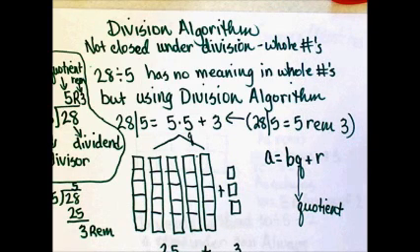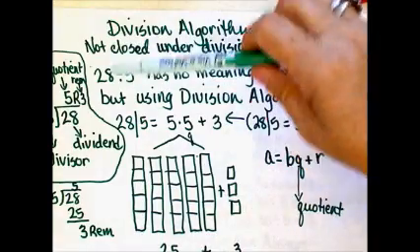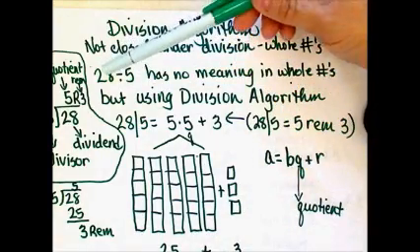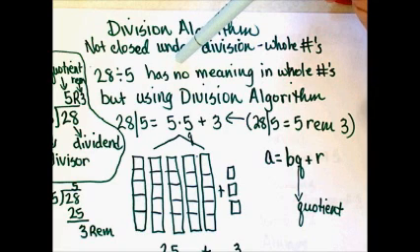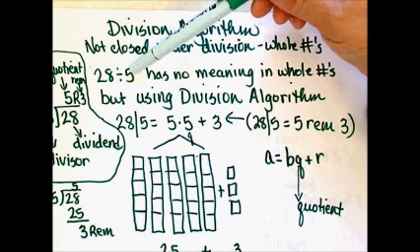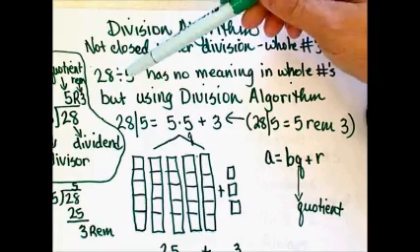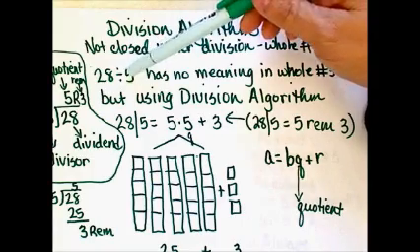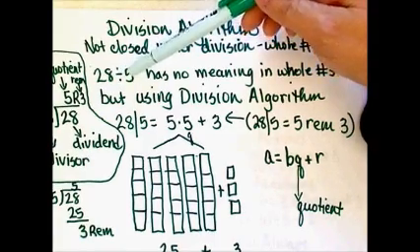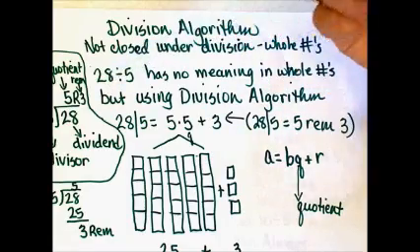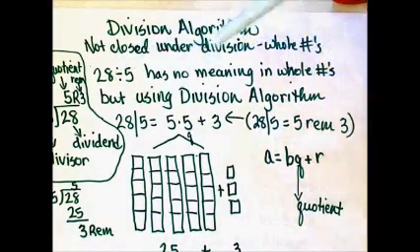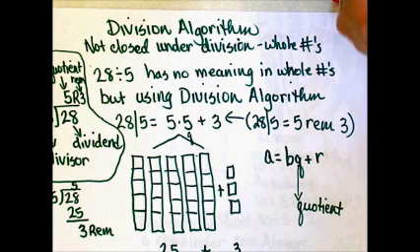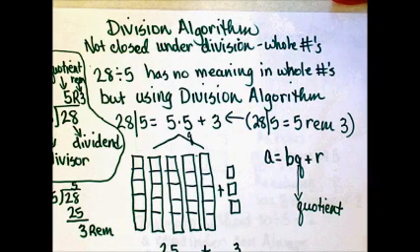An example of why that's true would be if I take 28 and try to divide it by 5, it has no meaning in the whole numbers because there's not a missing factor, 5 times 5 or 5 times 6 that would get 28, okay?